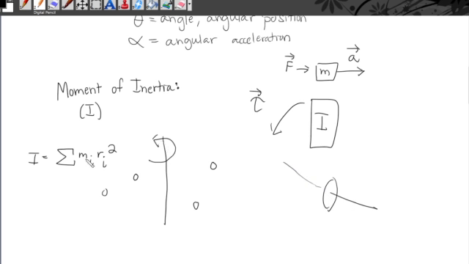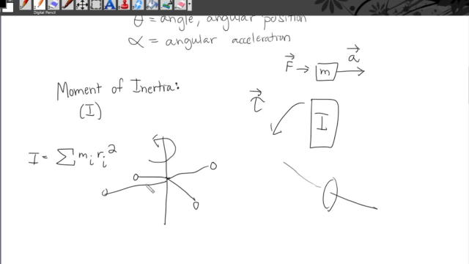It only works if you have an axis of rotation and several objects around it, usually point masses. Here, m is each individual mass, and r is known as the moment arm. It's basically just the distance between the mass and the axis of rotation.